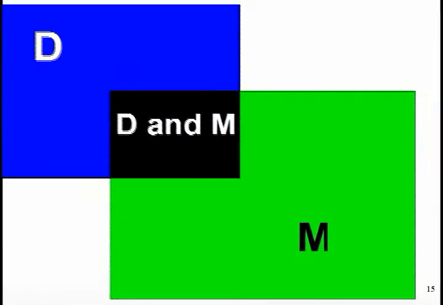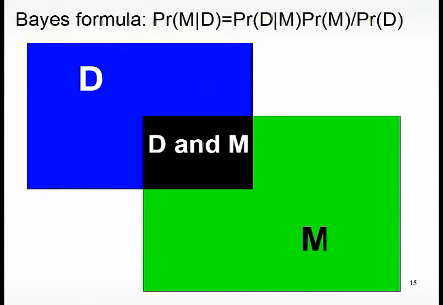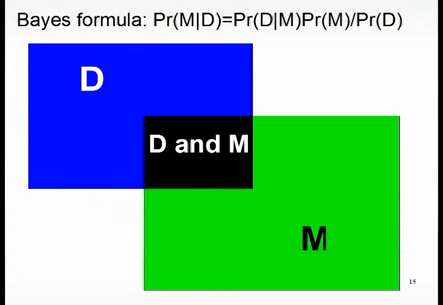If you do not have the probability of the outcomes given a model, you do not have a model. So we start there and now zoom out by multiplying that probability with the prior probability for model M. We then zoom in on the actual observation by dividing with the probability for the data. And now we got the probability for the model given the data, and that's Bayes' formula.